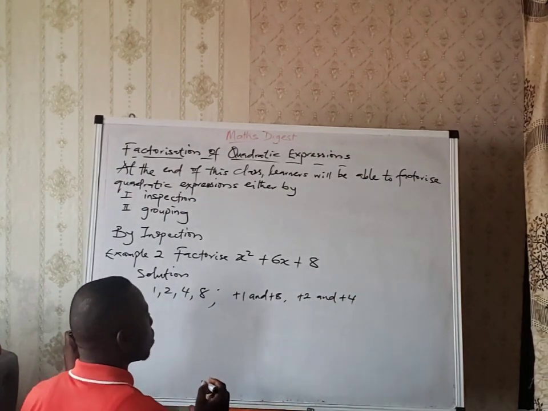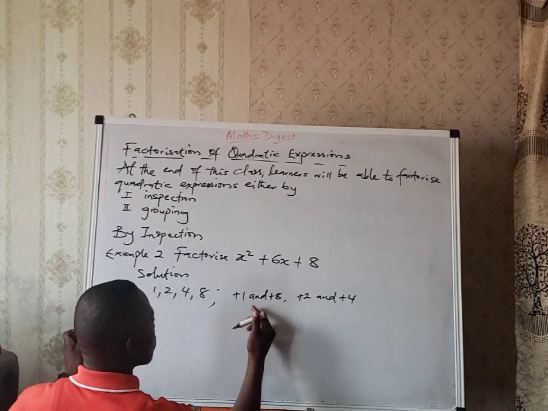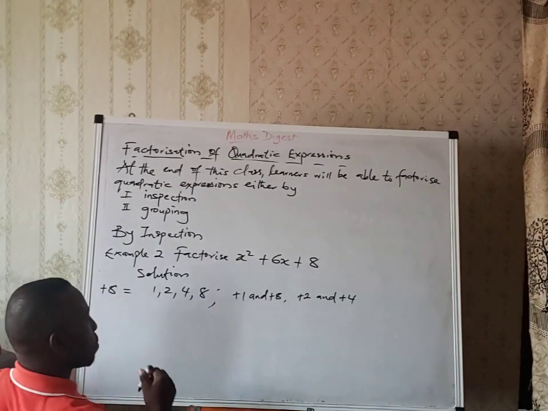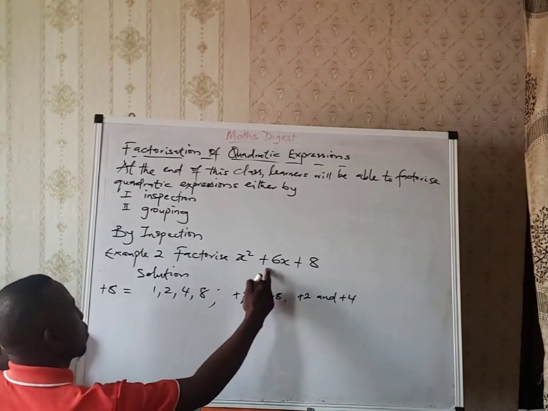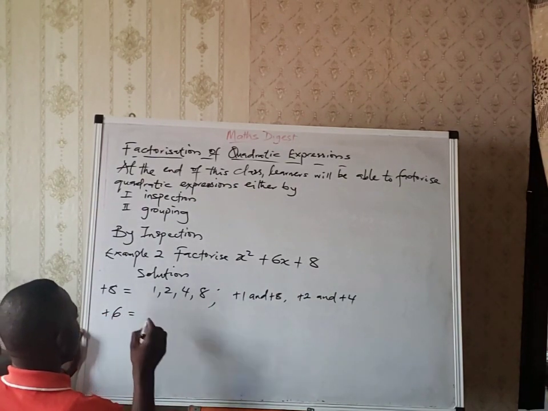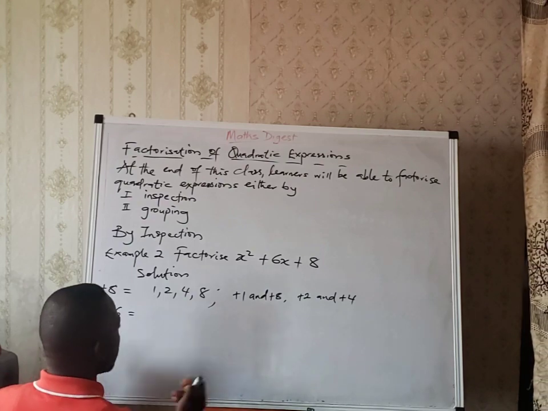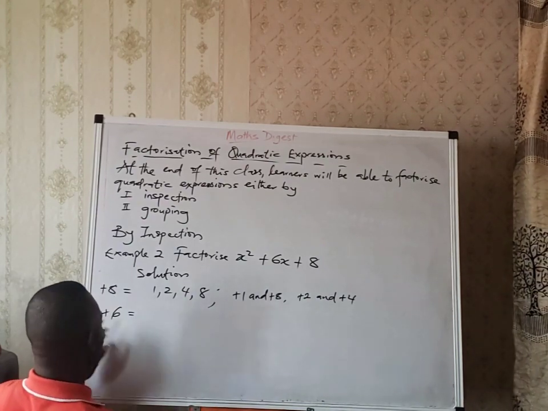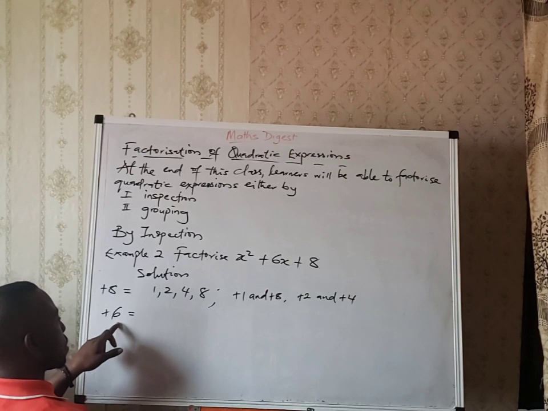Now when we multiply any of these, we get plus 8. Now we look for the middle term, which is plus 6. We look for the combination that, when you add it, you have plus 6.